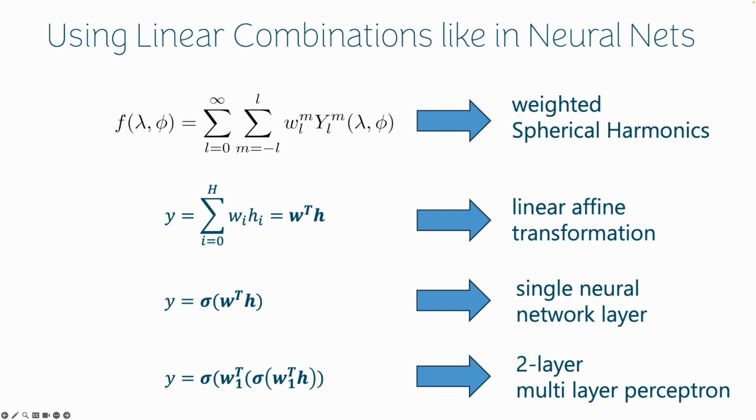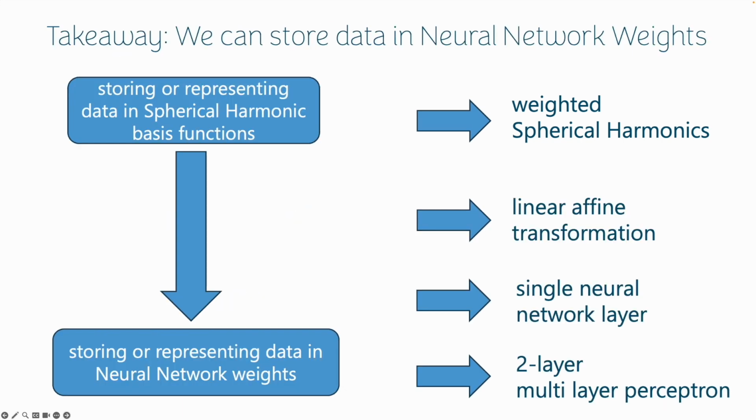Because for spherical harmonics, it's very natural for us to think about the weights and the harmonics to store data. But usually we use neural networks to rather do prediction or classification. But we can also use neural networks in this other way of actually storing or representing data in the neural network weights. And you see mathematically, it's the same type of idea. You just use a different set of functions or different weights in a different configuration to store that information.